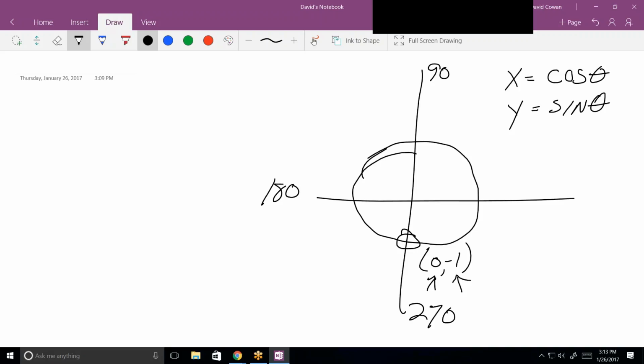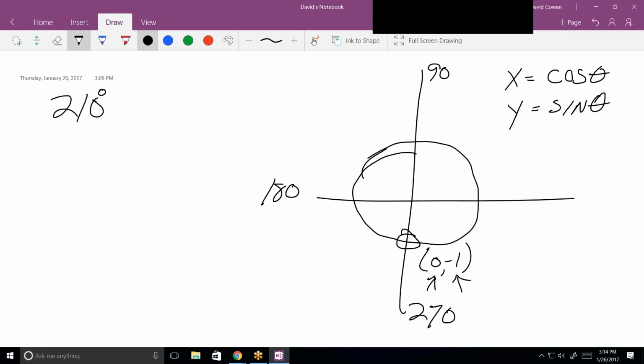I see what you're saying. Okay, the next one, it wants us to sketch each angle and then find the reference angle. What else you got? And so the first one is just 210 degrees. Now, what quadrant is that in?